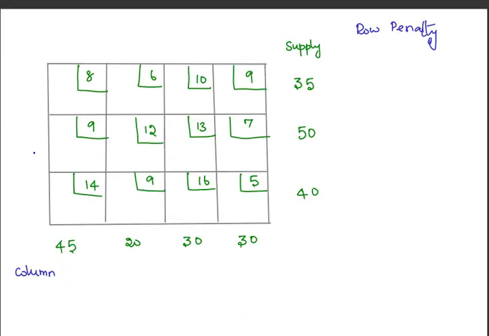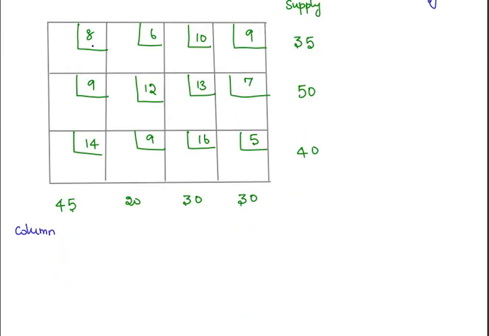So what does the row penalty mean? I want to take the least 2 costs and their difference. Here the least values are 6 and 8, so their difference is 2.